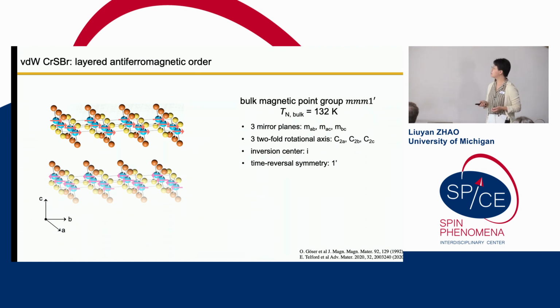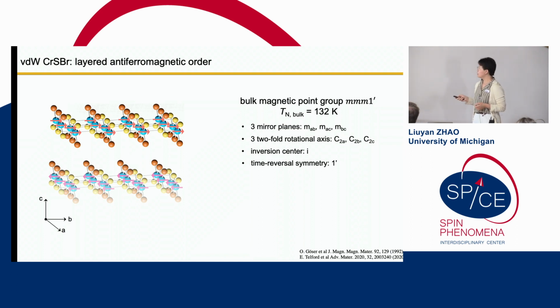Magnetic point group-wise, if we look into the bulk, it has layered antiferromagnetism, with spin pointing in the same b direction within the layer and the opposite b direction between layers. Taking this into account, the magnetic point group is the so-called mmm1'.